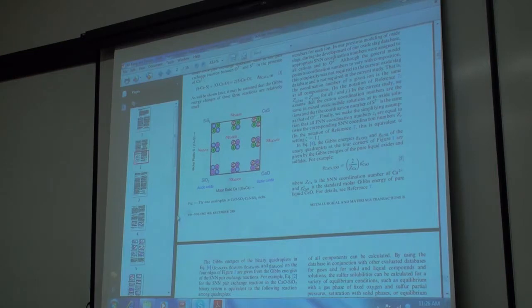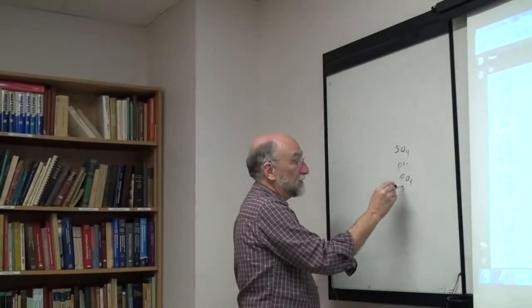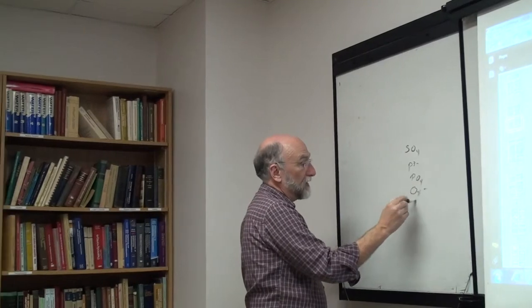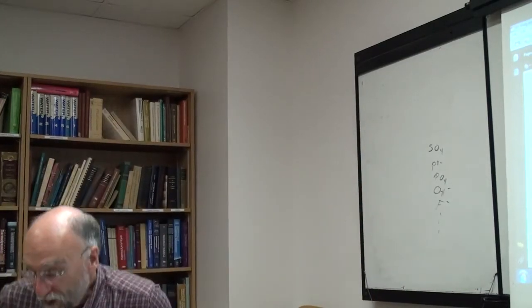Now we've started out, but we've never got that far, with other anions dissolved in slag, such as sulfate, phosphate, OH minus, F minus, and so on. We have not yet applied the two sublattice quasi-chemical model to those systems. We do have an old approximate way of doing it, which has nothing to do with two sublattices, called the capacity model, which is referred to in this paper, and you can read about it if you'd like.